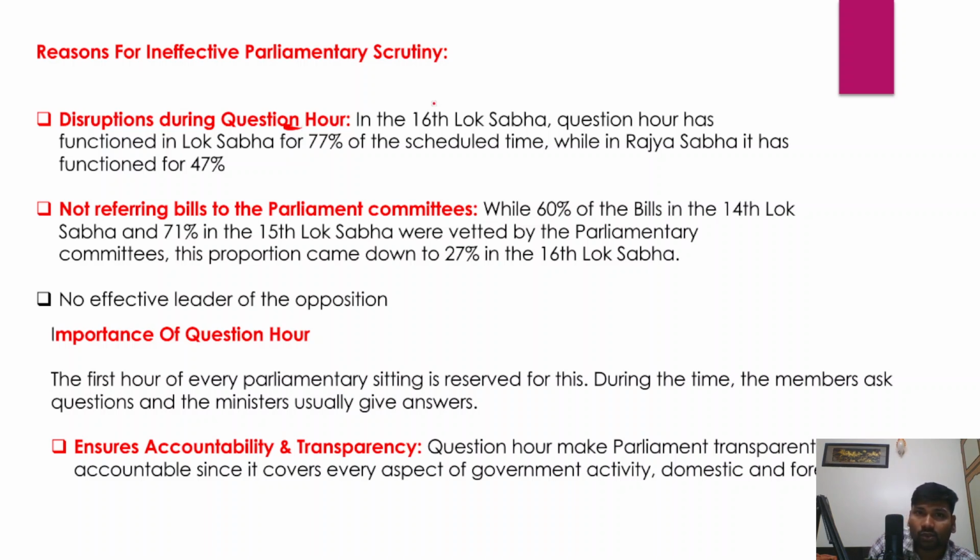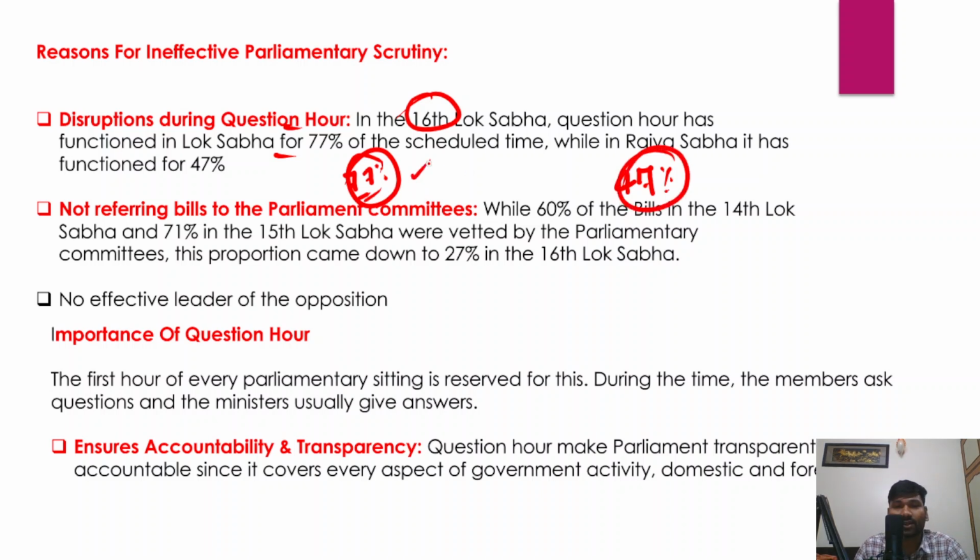In the 16th Lok Sabha, question hour functioned for 77% of its scheduled time. However, in Rajya Sabha, question hour functioned for 47% of its scheduled time. So you can see the difference between Lok Sabha and Rajya Sabha.